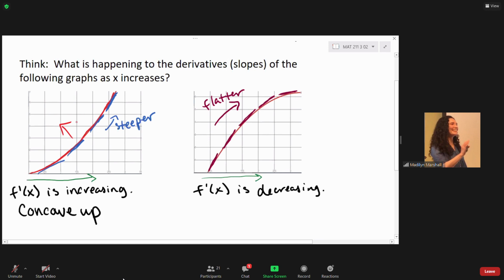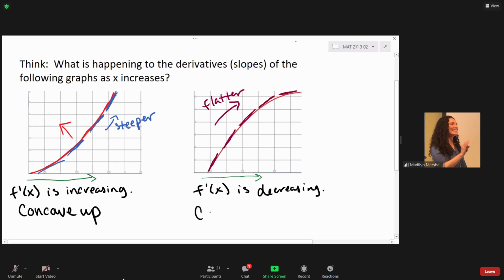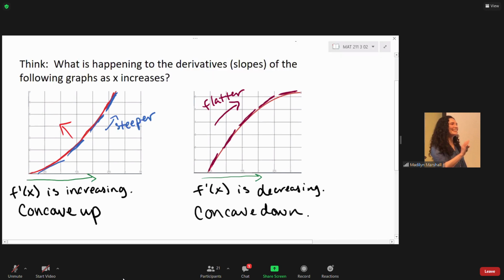Its cave side is up. Whereas this other graph is concave down, because now, if we're inside of this cave, that inside part is pointing down.